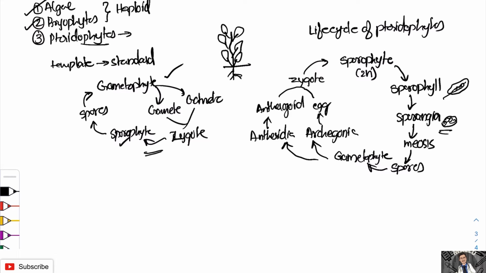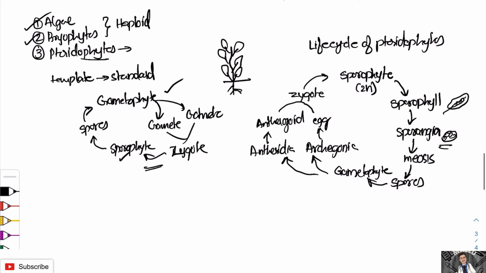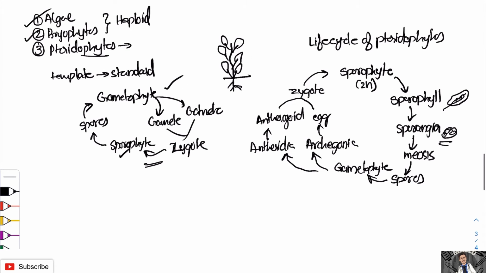Before going to learn the life cycle of gymnosperms, you have to understand that these evolved from pteridophytes. The basic difference between algae, bryophytes, and pteridophytes on one side and gymnosperms and angiosperms on the other is that gymnosperms and angiosperms are seed-bearing divisions.